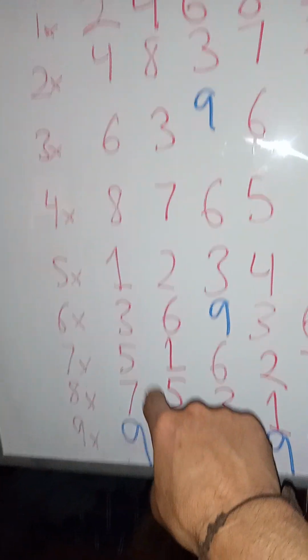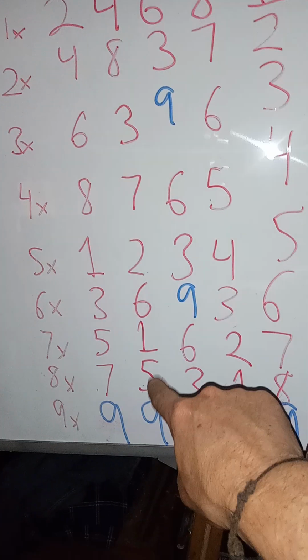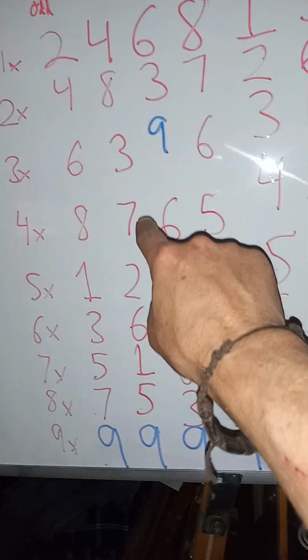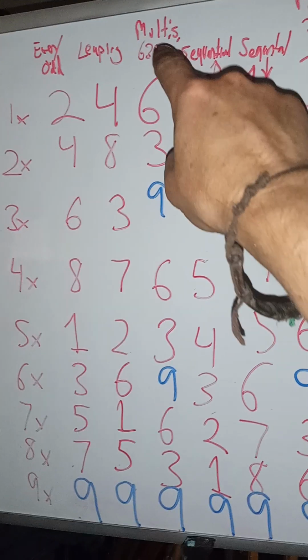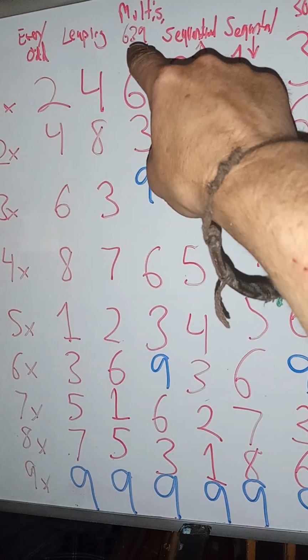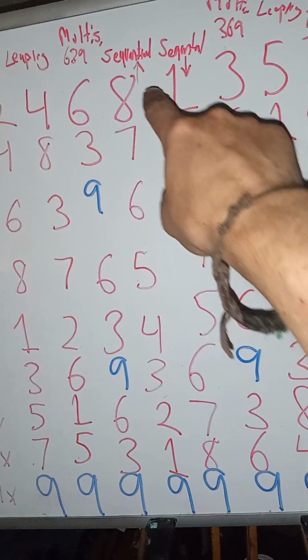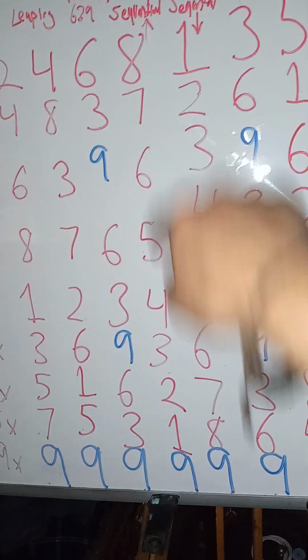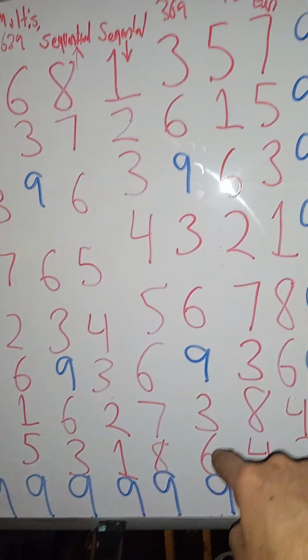And same down here. These leaping numbers 4, 3, 2, 1, 5, 6, 7, 8. These are the multiples of 3, or 639, 639, 69. These are the sequential going up 1, 2, 3, 4, 5, 6, 7, 8. Sequential going down 1, 2, 3, 4, 5, 6, 7, 8.